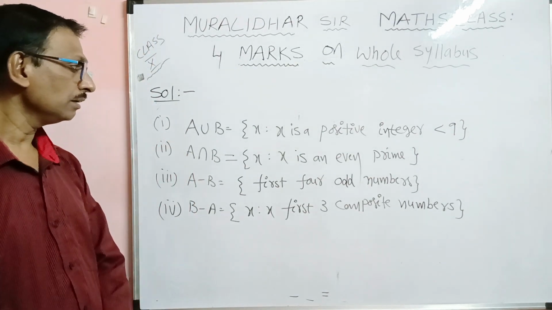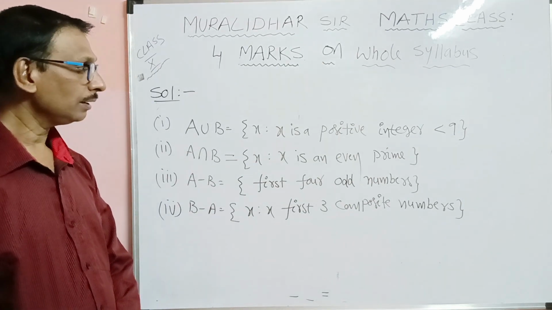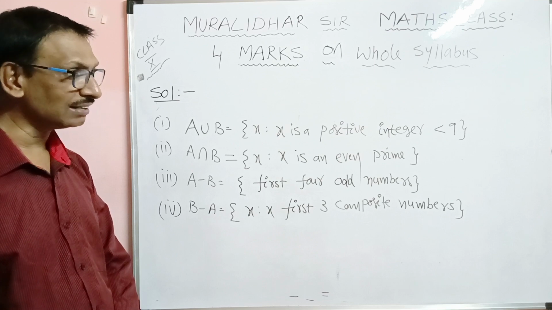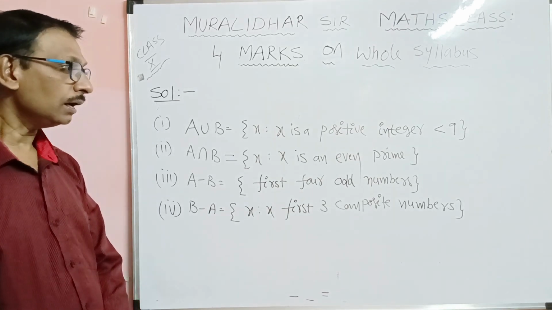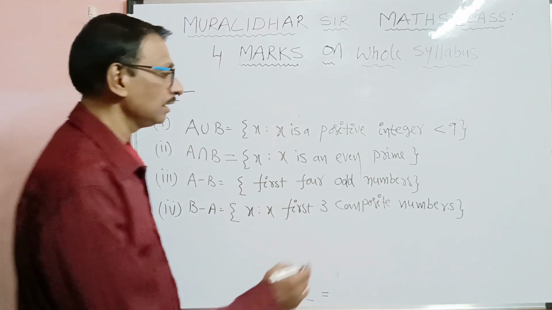First one, A union B is equal to X such that X is a positive integer less than 9, అన్నాడు. అంటే దీనికి సంబంధించిన ఎలిమెంట్స్ లిస్ట్ అంతా రాయాలి.